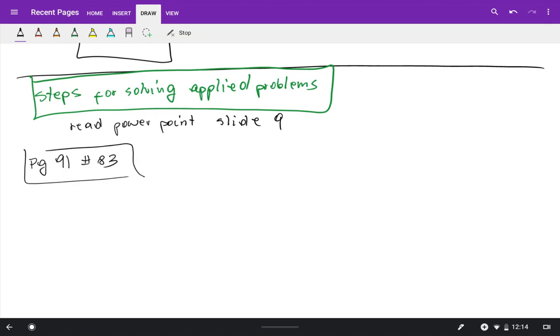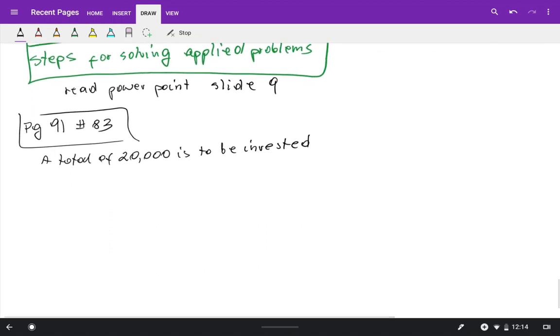So let's solve this one. So we have a total of 20,000 to be invested. I'll just write this down because it will take me longer to log into that textbook. Sum in bonds.